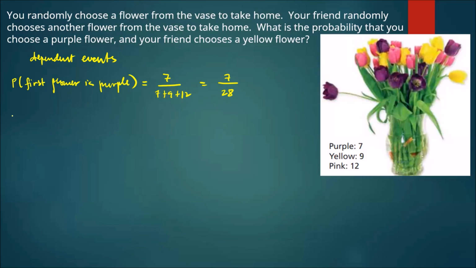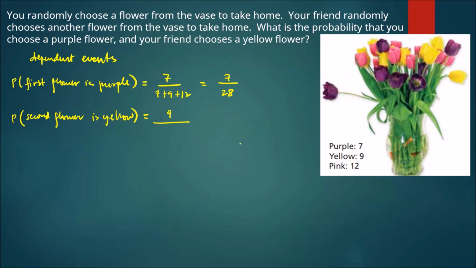Now, the second event is the second flower, which is the flower that your friend got, is yellow. Now, how many yellow flowers are there? So we now have 9. Over how many flowers will there be when your friend chooses the second flower?